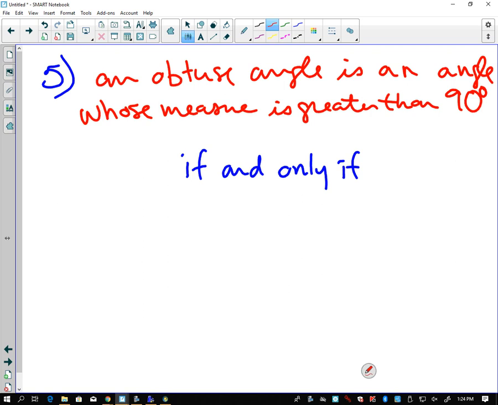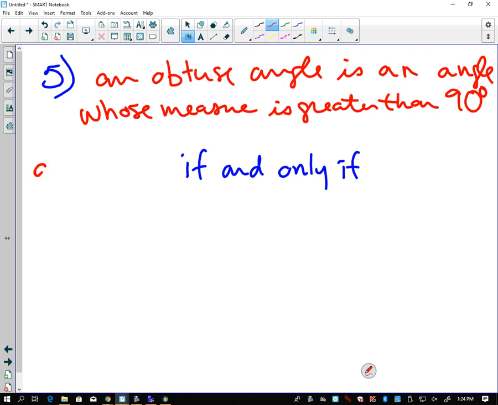Close. I wouldn't start off by saying an obtuse angle is an angle, but maybe an angle is obtuse if and only if. Does that make more sense?